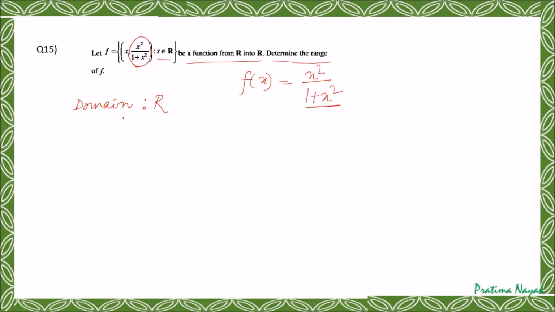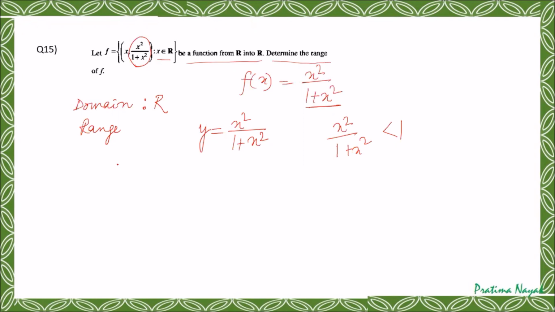And for range, we have to get the value of y. Range is equal to y. Y is equal to x square by 1 plus x square. If we see the value, for any value of x, x square by 1 plus x square is always less than 1. For any value of x you put, it is less than 1.